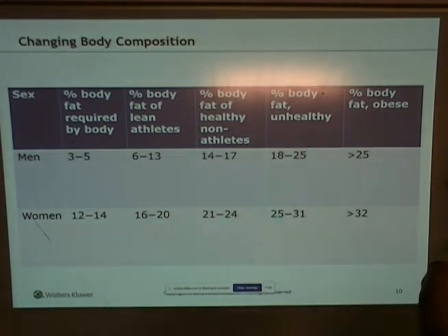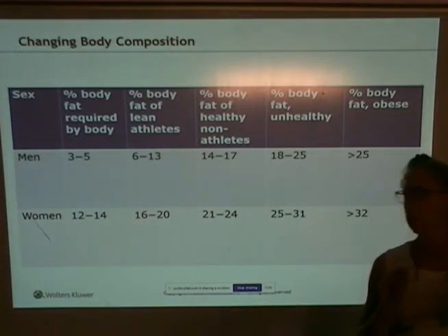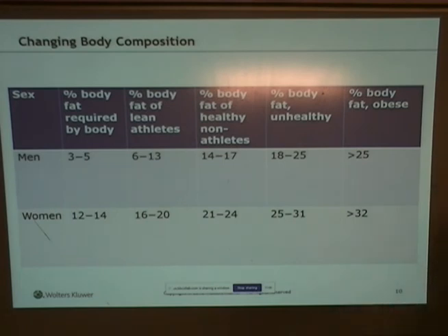So for men, a waist to hip ratio greater than 0.95 indicates greater health risk for cardiovascular disease and sudden death. For women, it's about 0.8, so it's a bit lower for women.